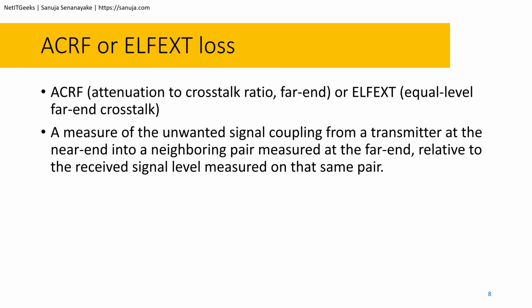Again, if you can't even understand this definition, at least memorize it for your exam. I'm telling you, because when you go to the field, you will eventually understand if you don't understand right now. I know it's a lot of words, but remember, it's a measure of the unwanted signal coupling from a transmitter at the near end into the neighboring pair measured at the far end relative to the received signal level measured at the same pair. That's the key thing you need to understand.